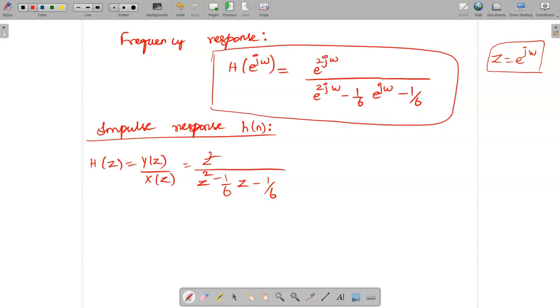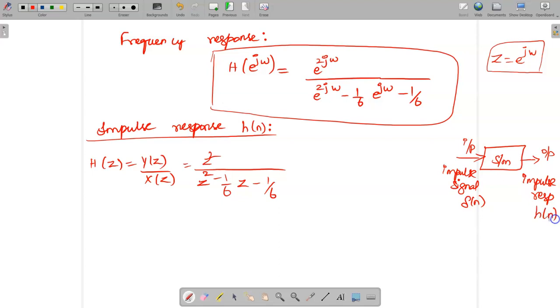We know that for impulse response, whenever you have a system, the input signal we have to consider as the impulse signal, that is del of n. When you apply the impulse signal to the system, the output we get is nothing but the impulse response, which is denoted by h of n.